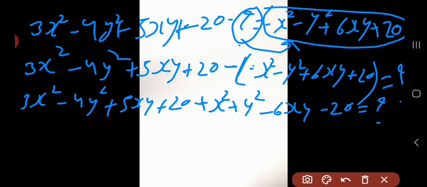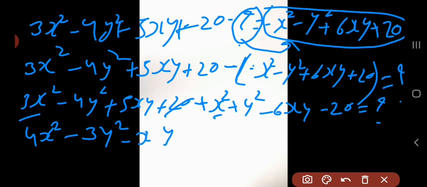So you have to find the value of the question mark. Now choose the terms of x square: 3x square and x square become 4x square. Minus 4y square plus y square is minus 3y square. 5xy minus 6xy becomes minus xy.